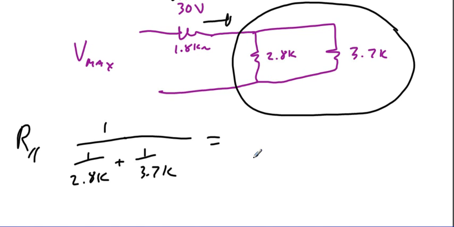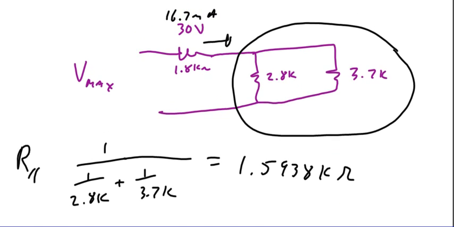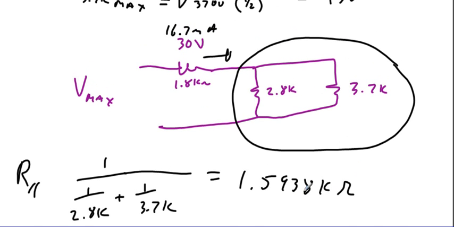Okay. 1 divided by 2.8 plus 1 divided by 3.7. Put enough parentheses in, and I'm going to have 1.5938 K ohms.